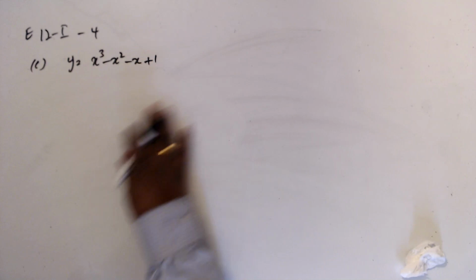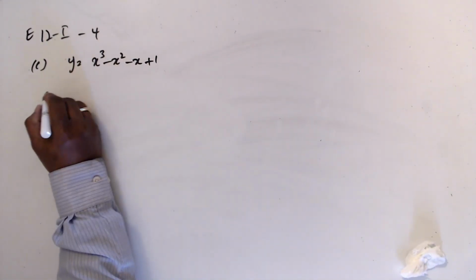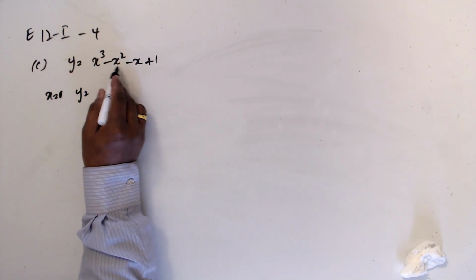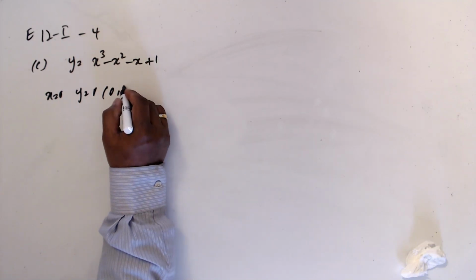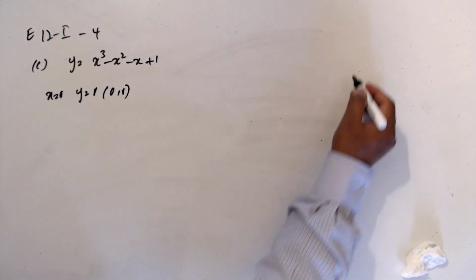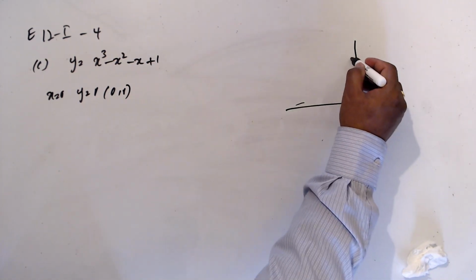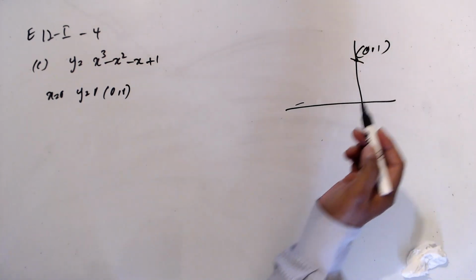Part C. So we want to sketch this one. When x equals 0, y equals 1, so the y-intercept of this graph is (0, 1).